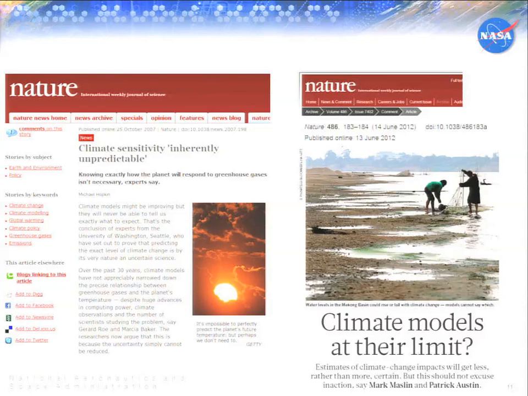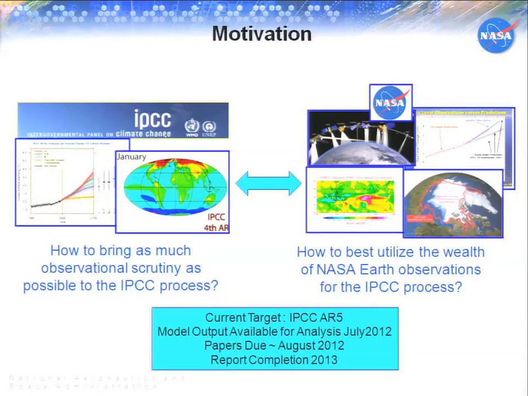There is some discussion in the literature talking about their limitations. And the motivation for our ObservaMIPS project is: we know models are not perfect, so how do we narrow those uncertainties by bringing in additional observations? I talked about this. Many modelers are not stupid, right?